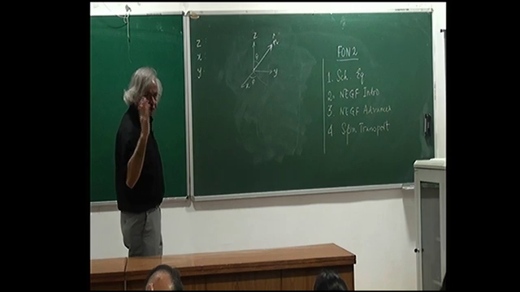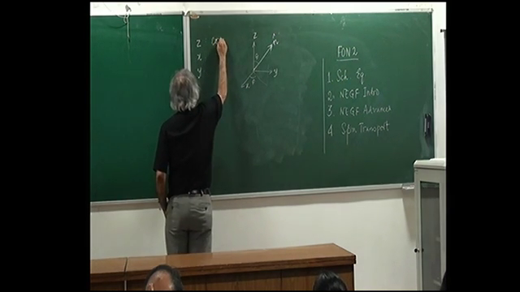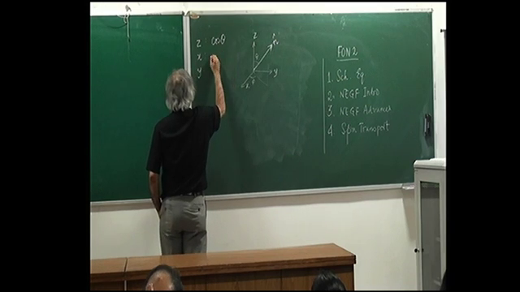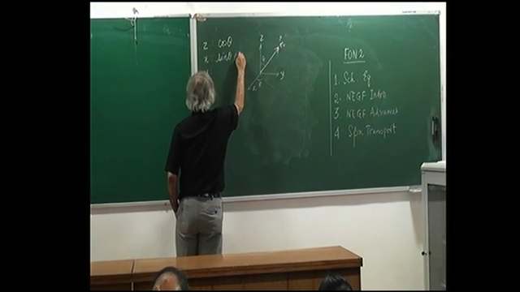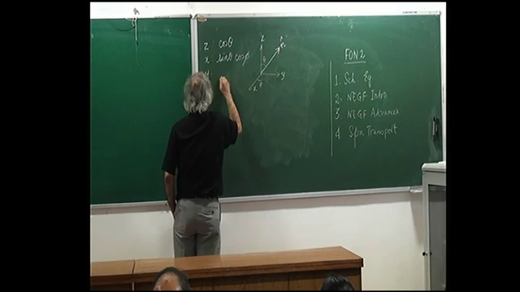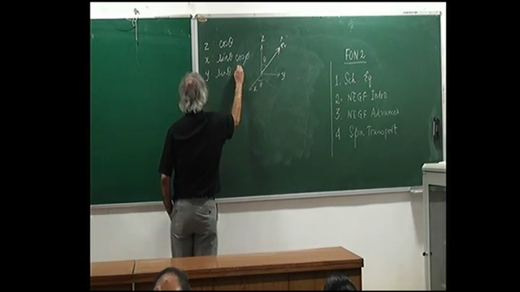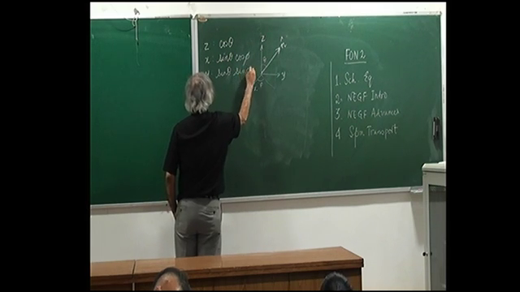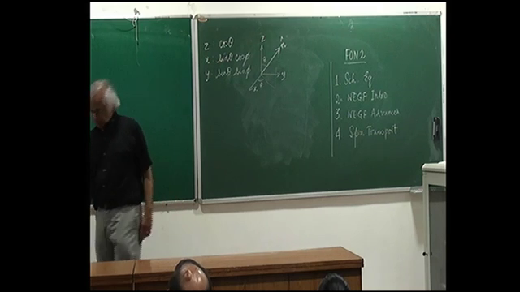The z component would be cosine theta. This would be sine theta cos phi. So this is the standard thing you learn about vectors.